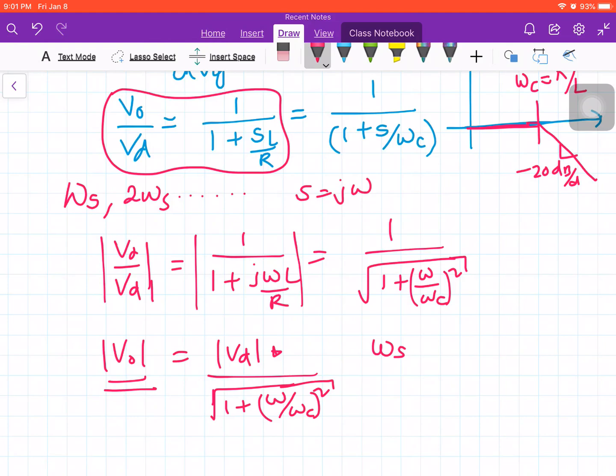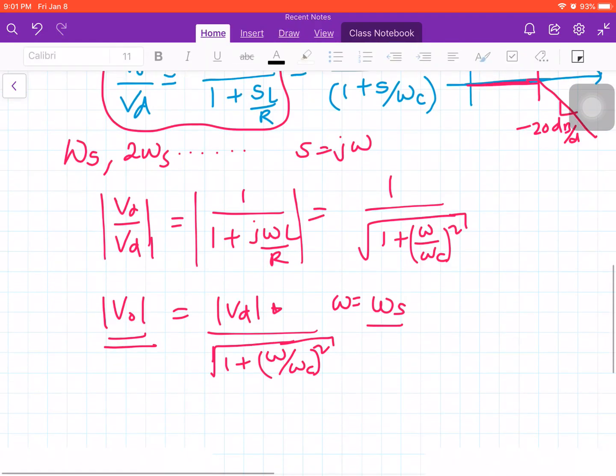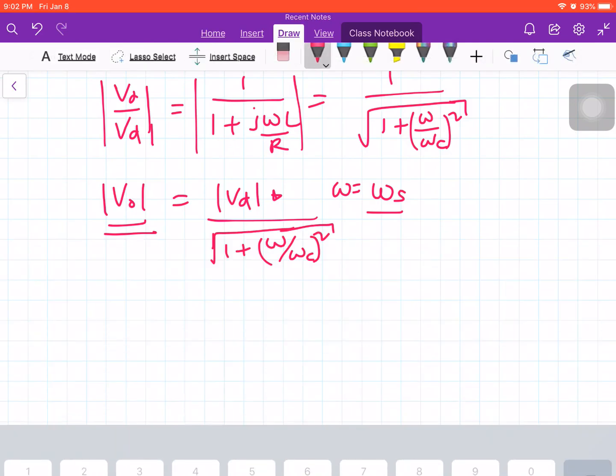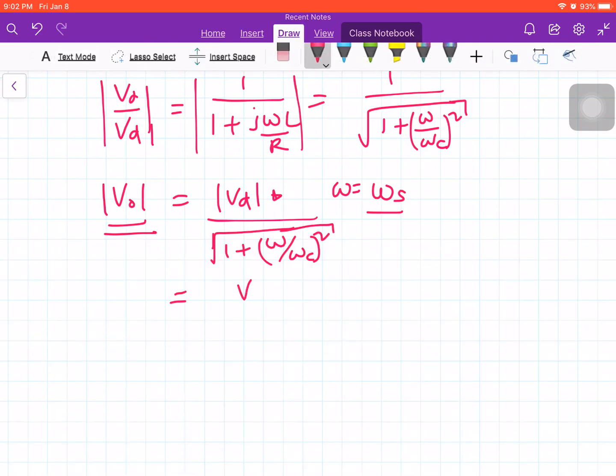If I substitute omega equal to omega s in this equation, then I would get VD divided by the square root of 1 plus omega s divided by omega c, whole squared.